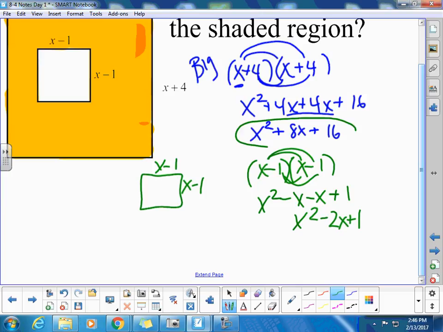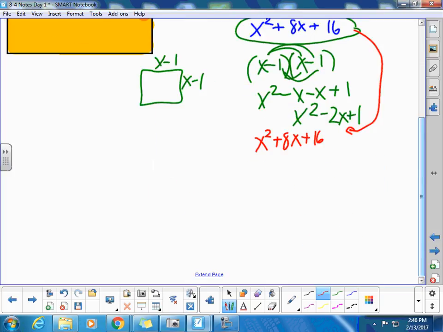We'll have to take that area, and we're going to do back to section 1 things. We're going to take x squared plus 8x plus 16, the area of the big rectangle. And we're going to subtract off the area of the small rectangle, which is minus x squared minus 2x plus 1. And remember that negative has to be distributed.